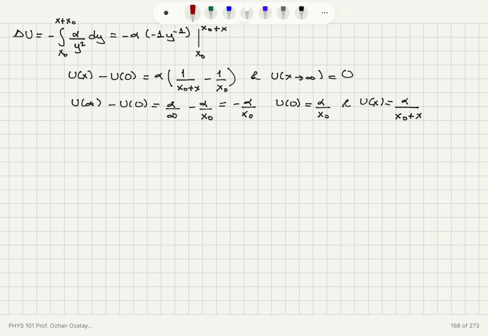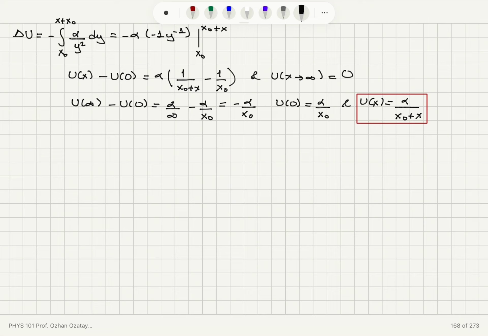All right. So this basically ensures that the potential energy goes to 0 as x goes to infinity, and when x is equal to 0, it's alpha over x0. So these conditions are satisfied by this function.